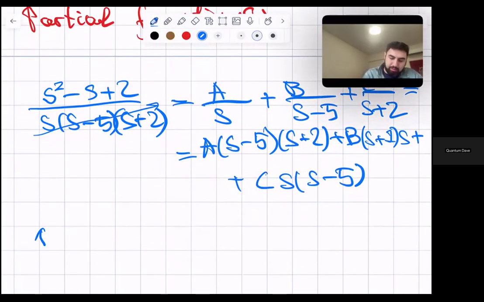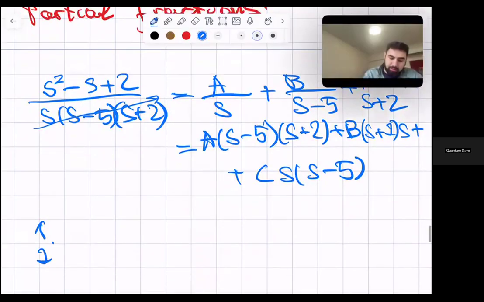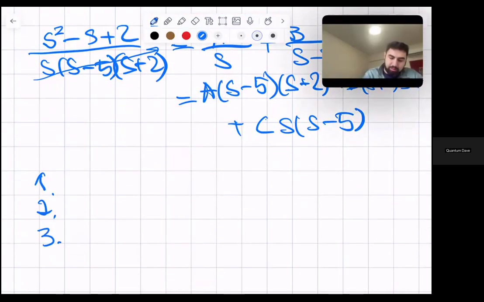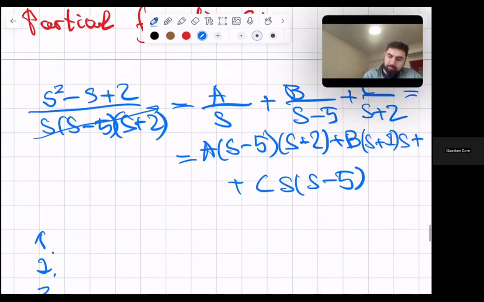And the tiny trick is the following. For example, you see s is here, and s is here. Then s minus 5 is here, s minus 5 is here. s plus 2 is here, s plus 2 is also here.